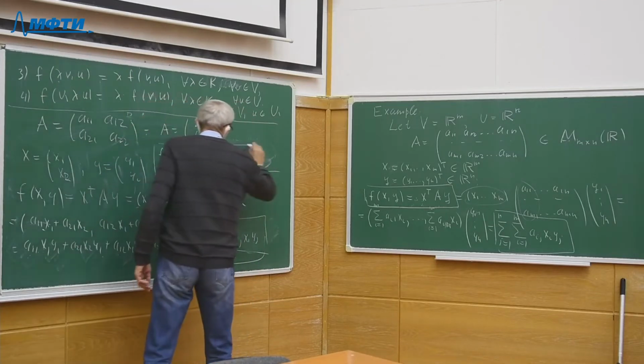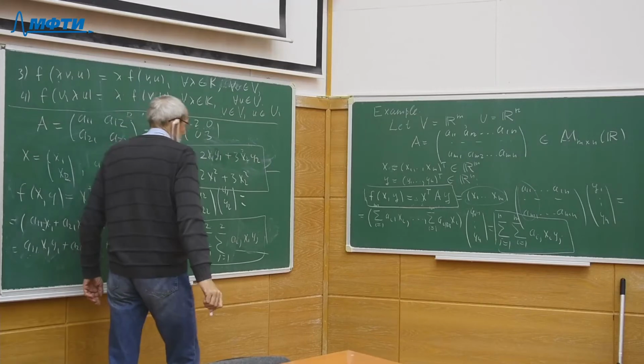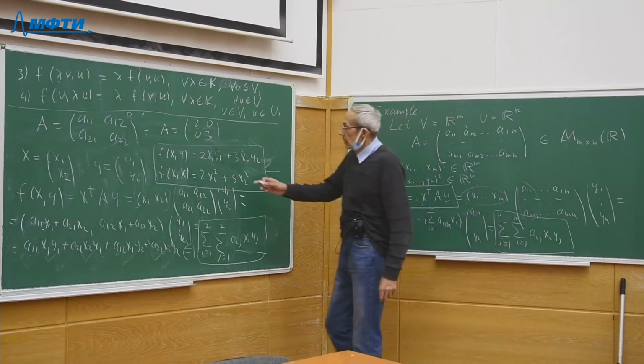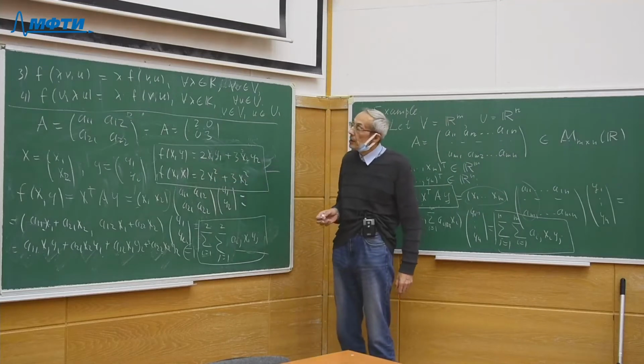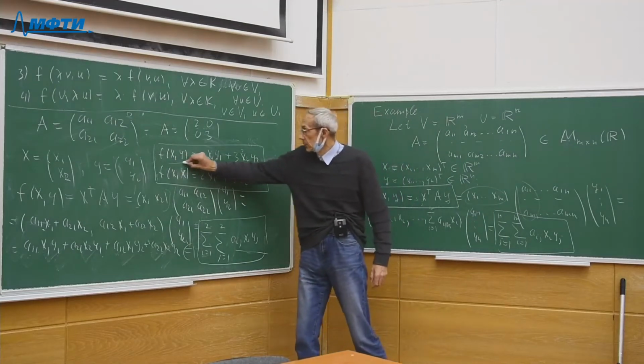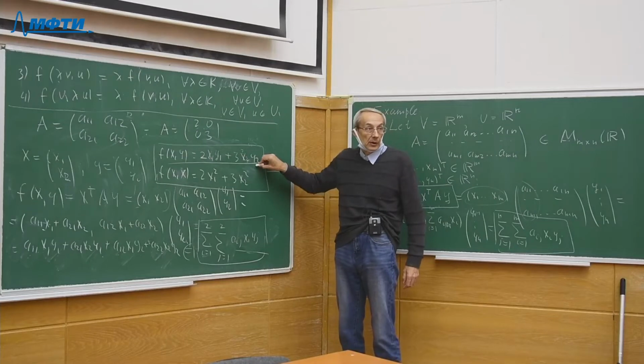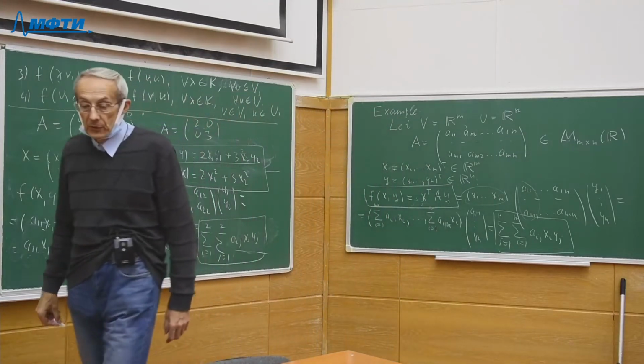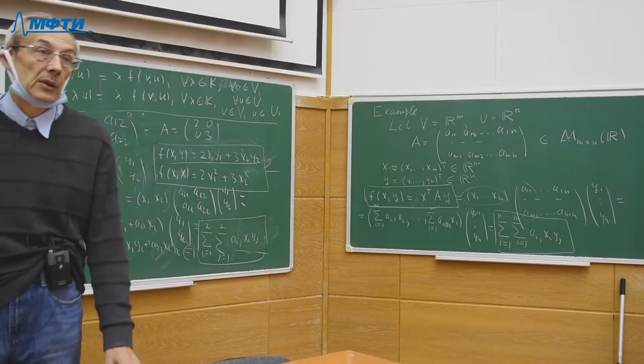Some example. Such an expression from the bilinear form is called the canonical form. And the sum of the squares of coordinates is called the canonical form.